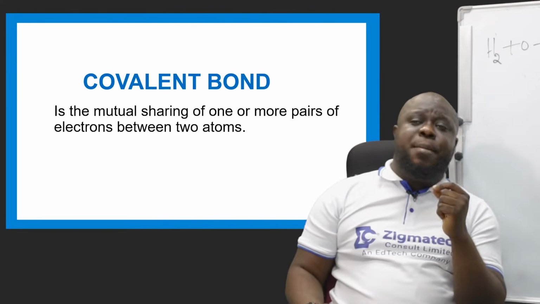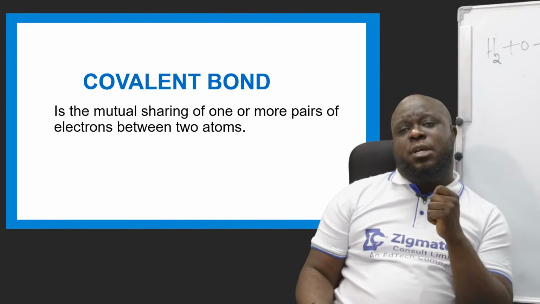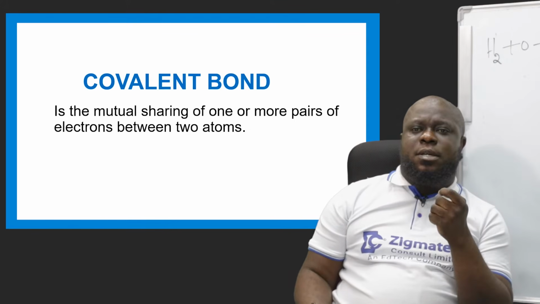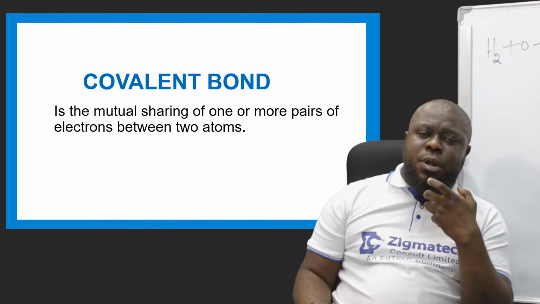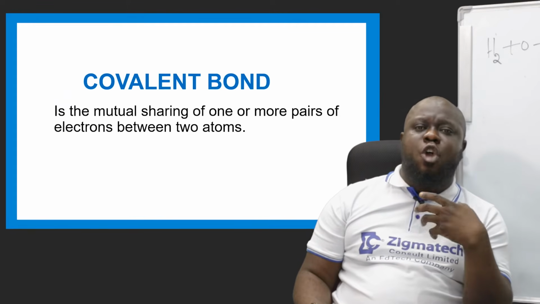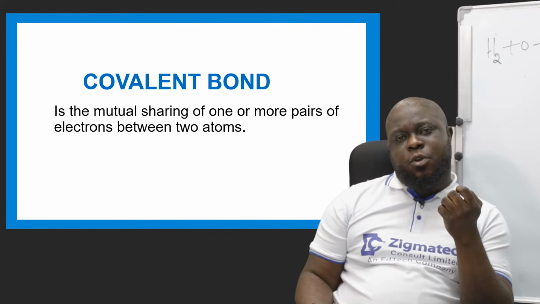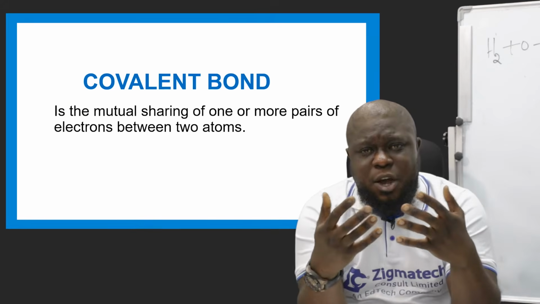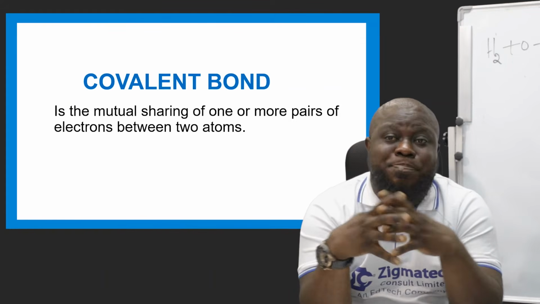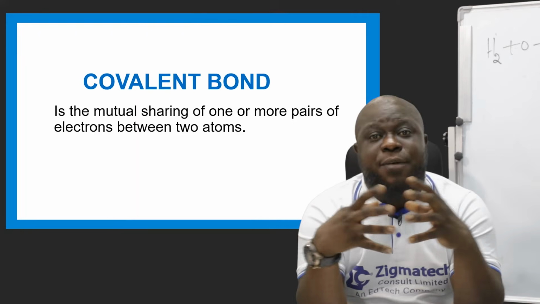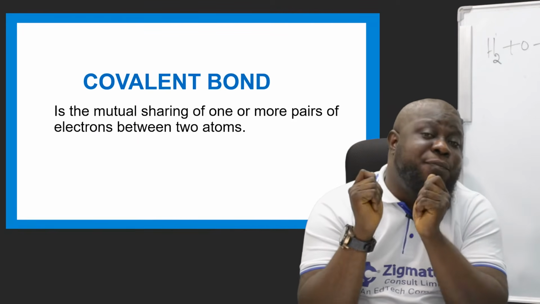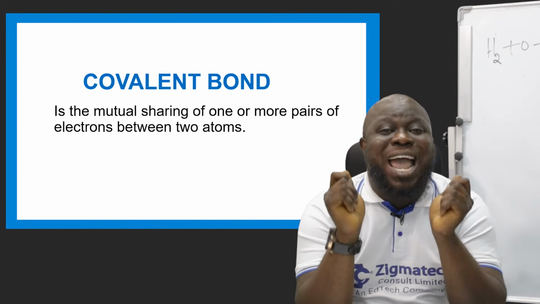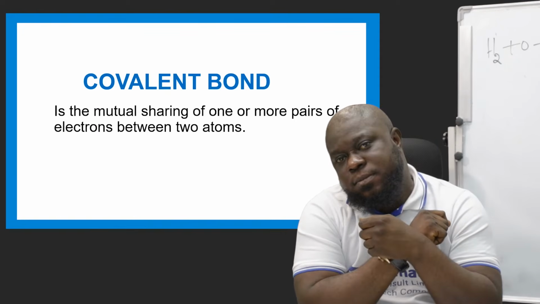Now, these covalent bonds or molecular compounds are mostly known with non-metals. They are mostly gases or liquids that form this particular covalent bond. Molecular compounds are formed between 2 electronegatives.